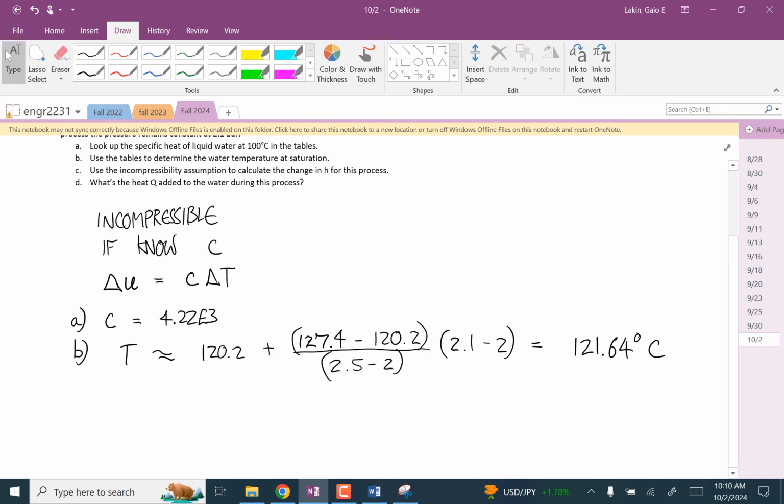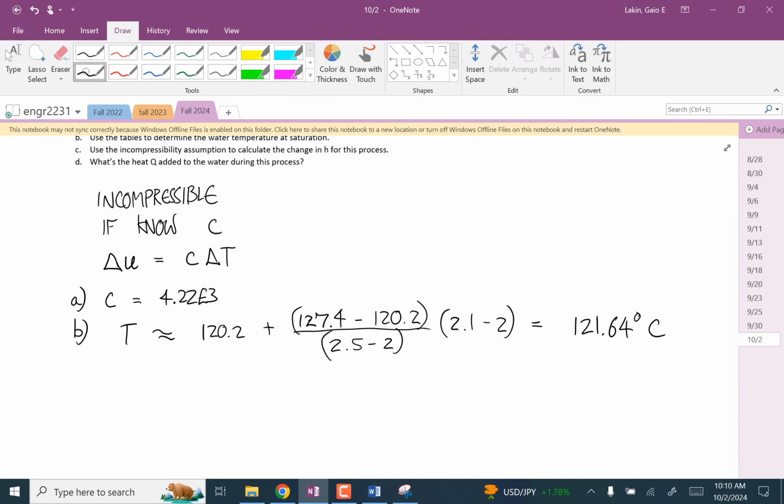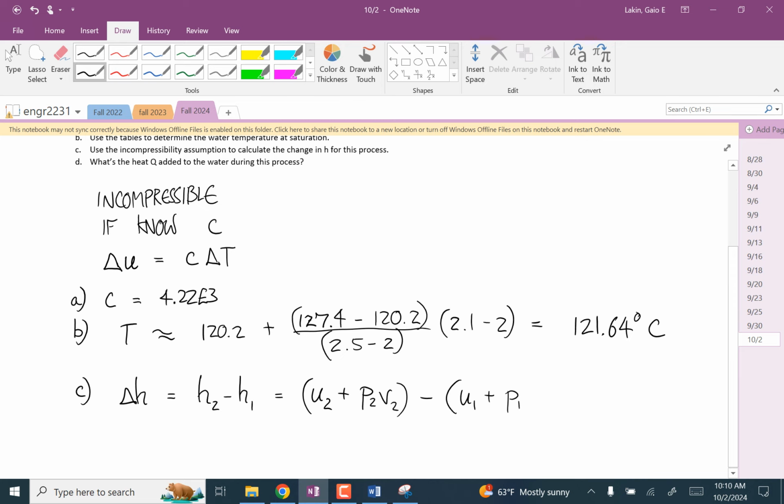And now we're going to use the incompressibility assumption to calculate the changes in H. Change in H. Okay, well, let's see. The change in H is the later H minus the earlier H. And we can write that as U2 plus P2 V2 minus U1 plus P1 V1.